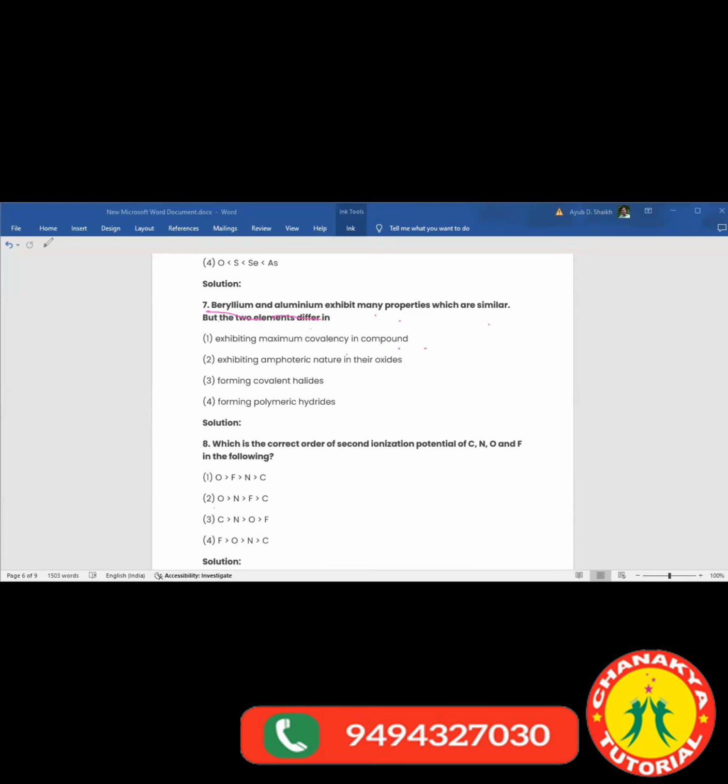Beryllium, if we see, belongs to the second period. Do you have the periodic table with you? Okay, fine. See, beryllium belongs to the second period and aluminium belongs to the third period. Correct? Yes or no?